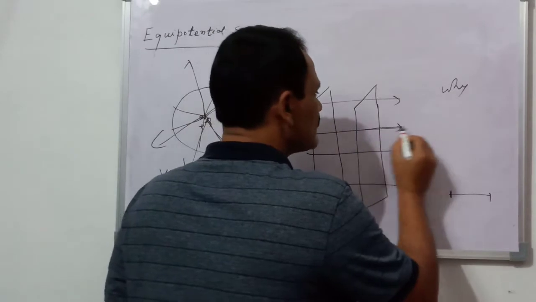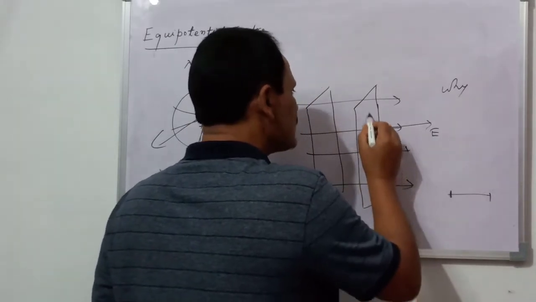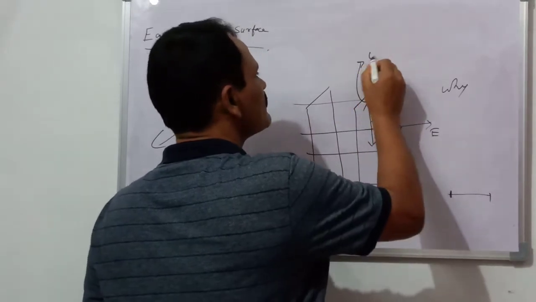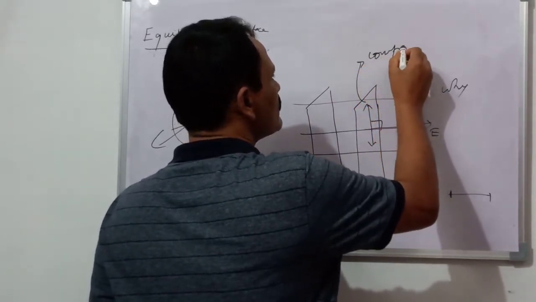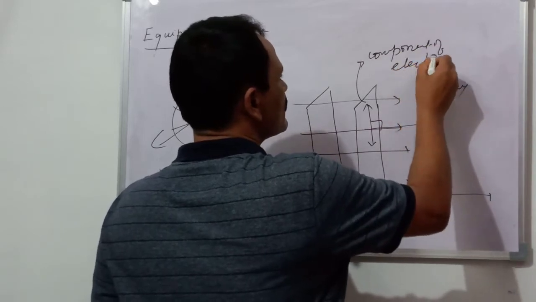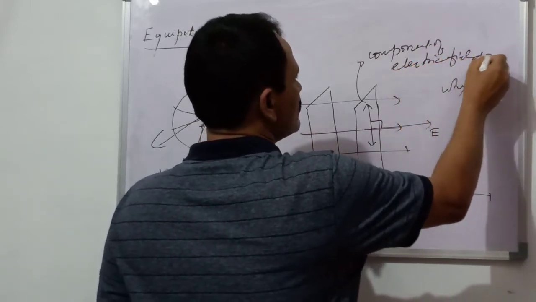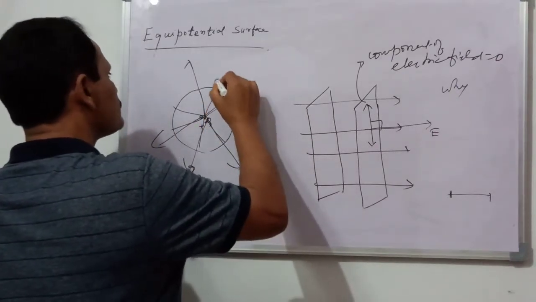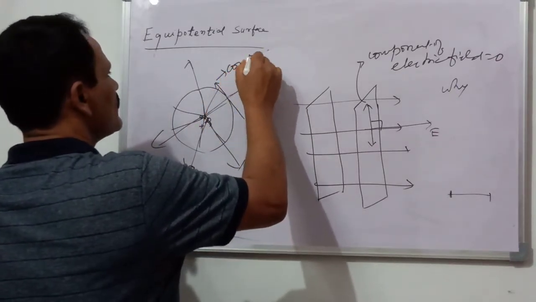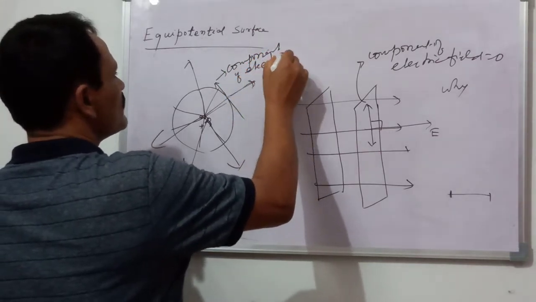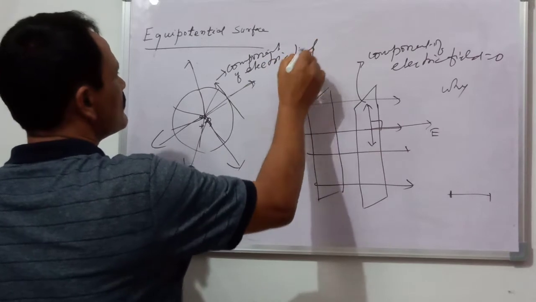Means there is the electric field in this direction and in this direction, but along the surface the component of electric field is 0. Here also, along the surface, the component of electric field is 0.